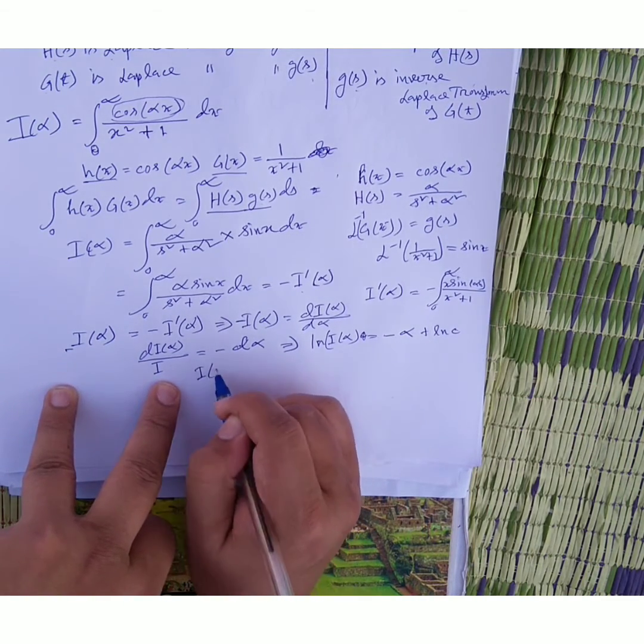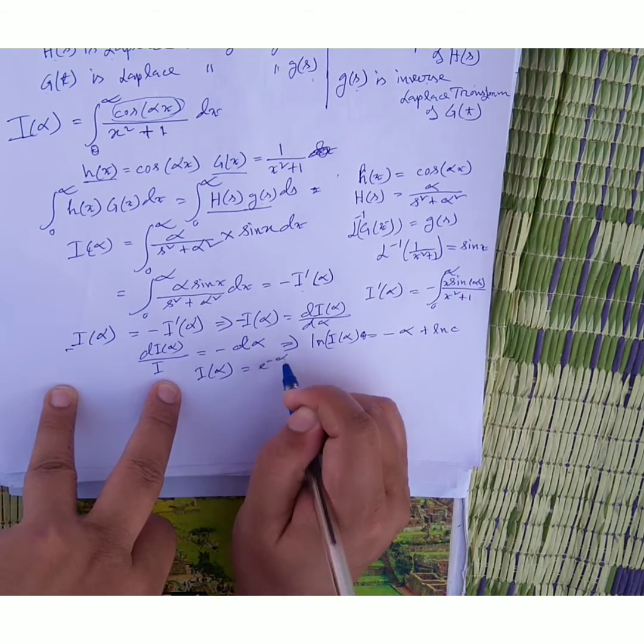So I(alpha) is equal to c times e to the power minus alpha.